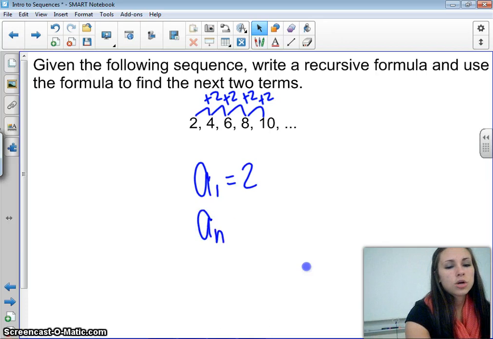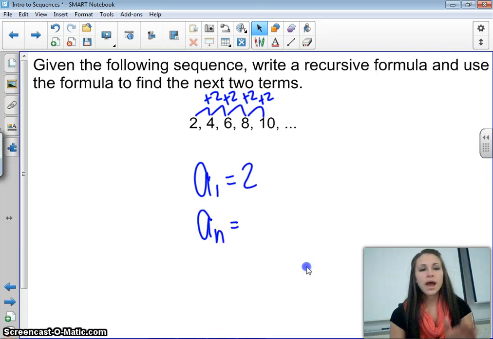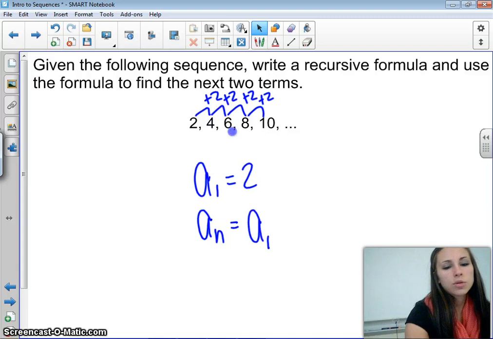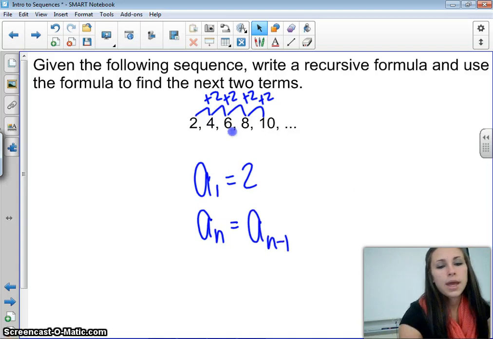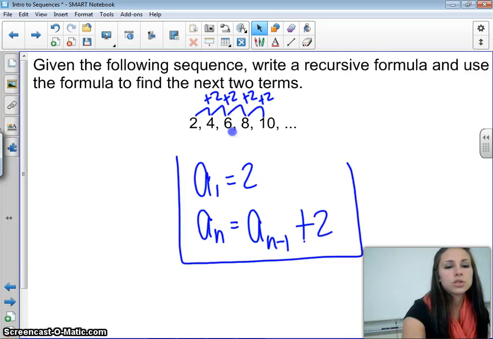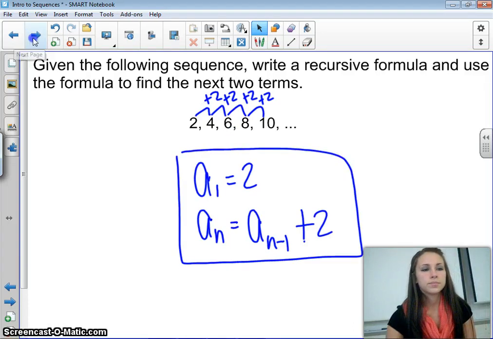Now, any term after that, I find by taking, like if I'm finding term 2, that's 4. I would take 2 and add 2 to get 4. If I'm finding 6, I would take 4 and add 2 to get 6. So I'm taking the term before and adding 2. And that's all there is to it. So this would be my recursive formula.